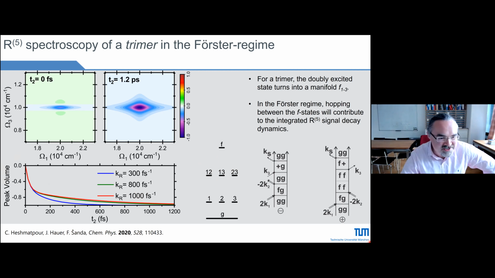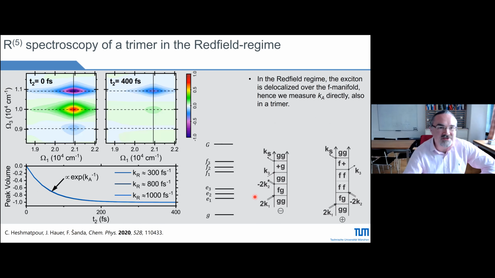So in the first regime, it's not so nice anymore, but of course it's still solvable because you can measure these rates in this excited state manifold by different means. However, if you go back to a trimer in the Redfield regime, then we have delocalization in our F states.